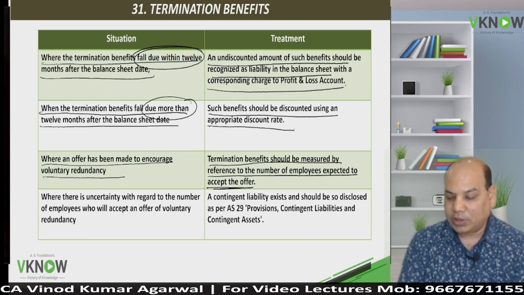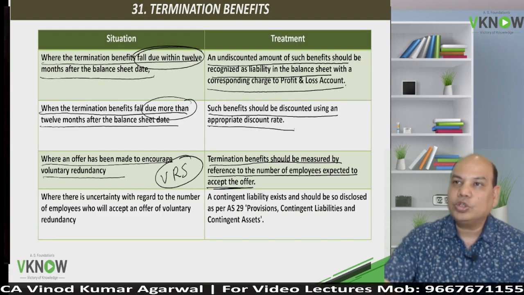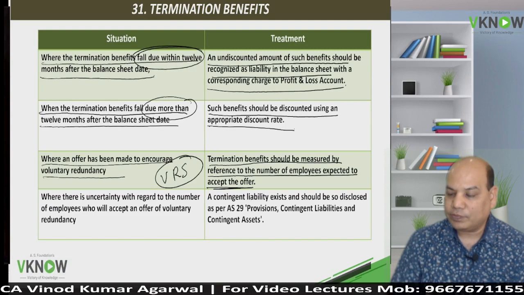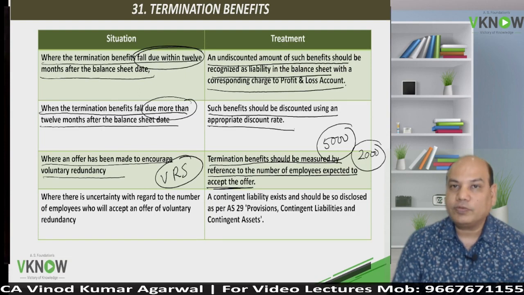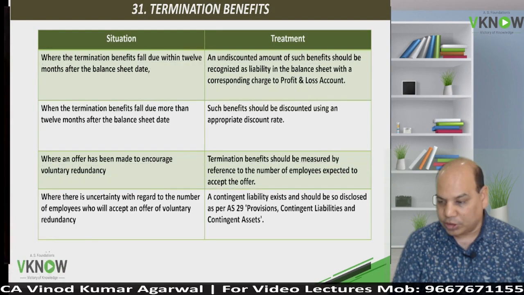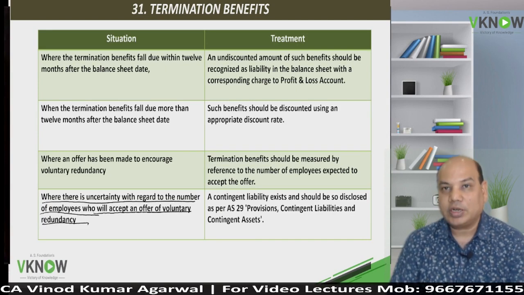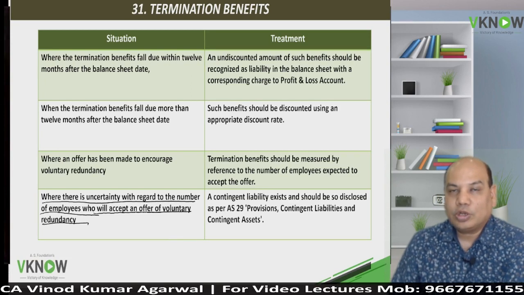So where the company has made an announcement of VRS scheme, make provision by estimating how many employees are going to accept VRS. So you have 5,000 employees to whom VRS is offered and you think that 2,000 employees will opt for it, make provision for 2,000 employees. And the last point is printed in the book also, where there is uncertainty with regard to number of employees who will accept an offer of voluntary redundancy.